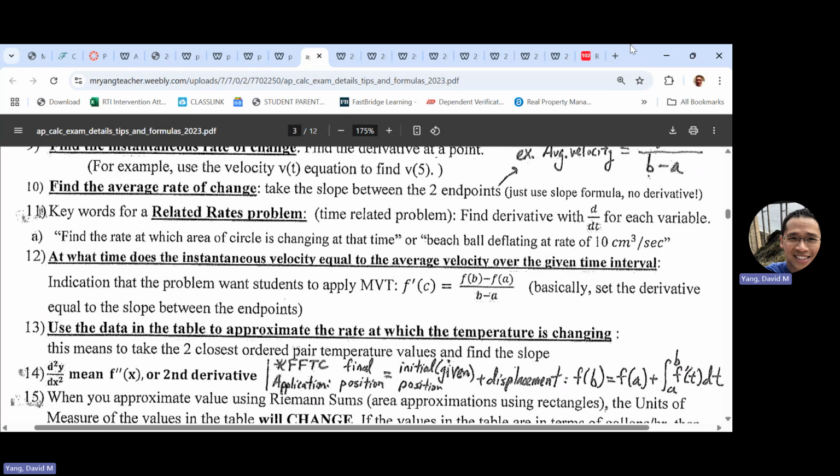Anytime they're trying to pair those two together, average rate of change with instantaneous rate of change, they're trying to get you to connect that with mean value theorem. That's where you set your f prime equal to f of b minus f of a over b minus a. So just be aware of those key phrases that are trying to get you to link into these theorems.